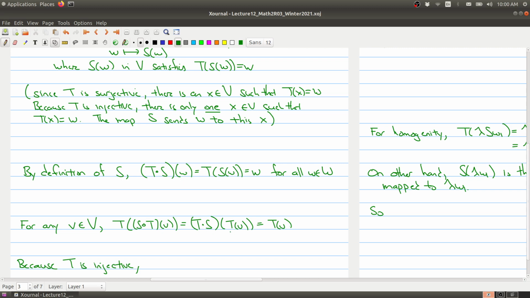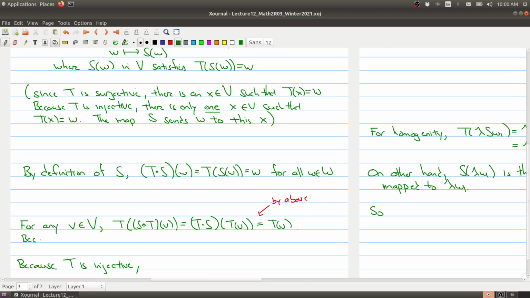The reason from here to here is just from the previous line, because T composed with S, we just saw, is the identity on W. So here we have this function T evaluated at this vector is the same thing as T evaluated at this vector.